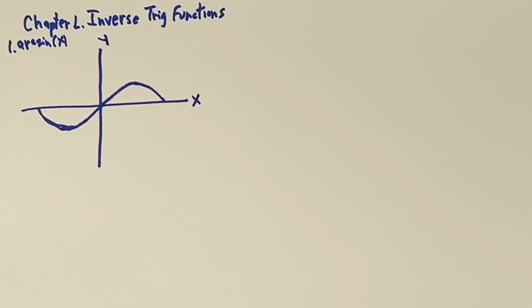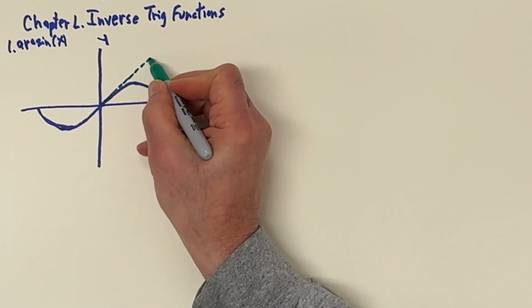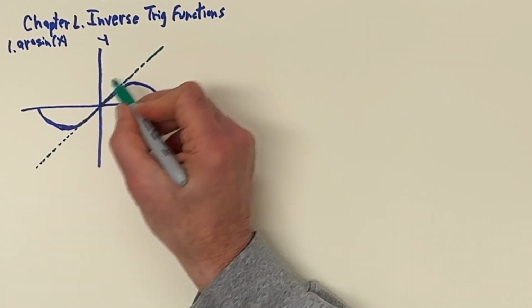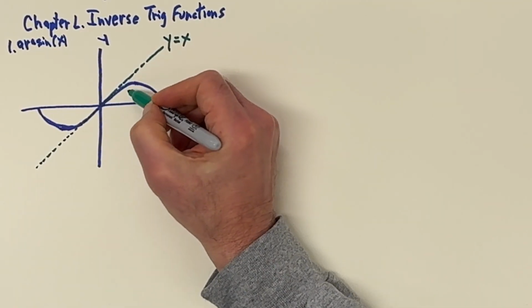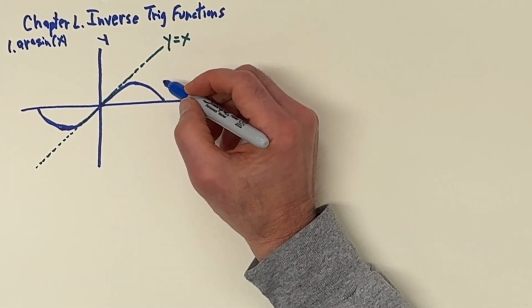And to get the inverse, what we would like to do is use our trick where we have the y equals x line, and we're going to reflect this function about that line. And in that sense, we are swapping the x and y's, because for an inverse, you give me the y, I give you the x.